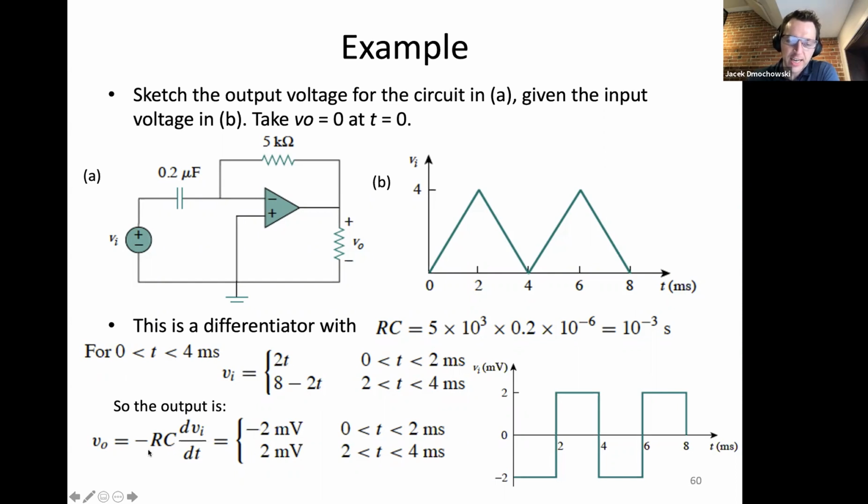When you differentiate that and you multiply by 1/1000th of a second, you get an output voltage of negative 2 millivolts for these sections, and you get a voltage of 2 millivolts for these sections. The square wave as predicted.